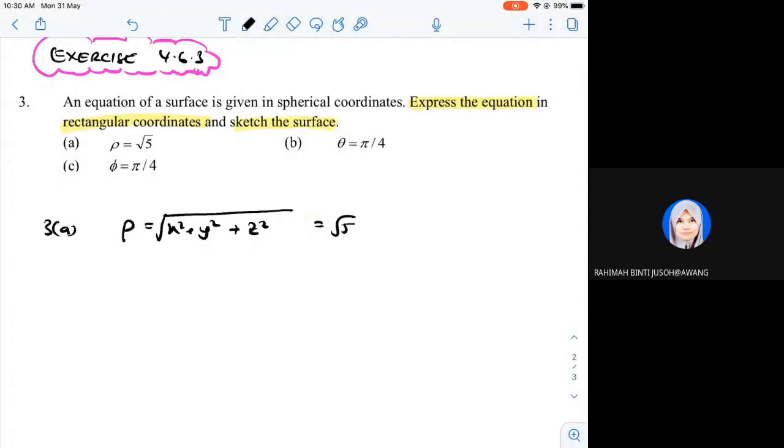If we square both sides, then we will have x squared plus y squared plus z squared equals 5. So we know that this is a sphere with radius square root 5.